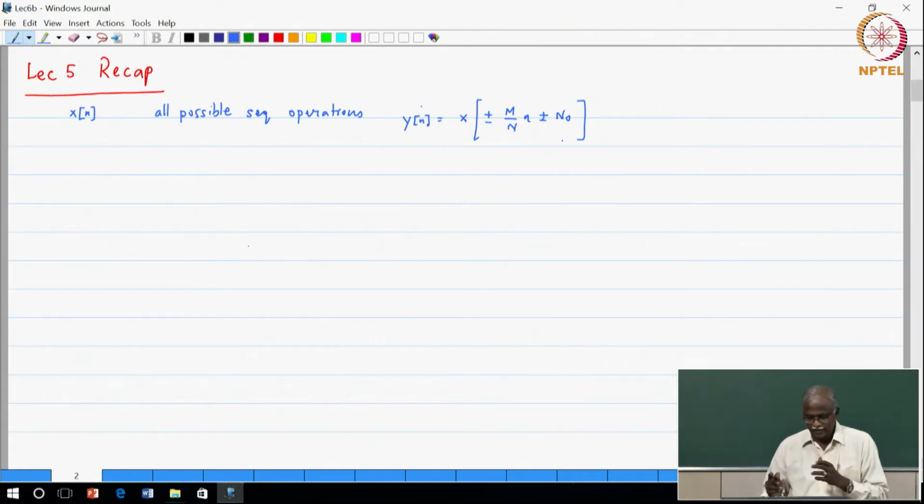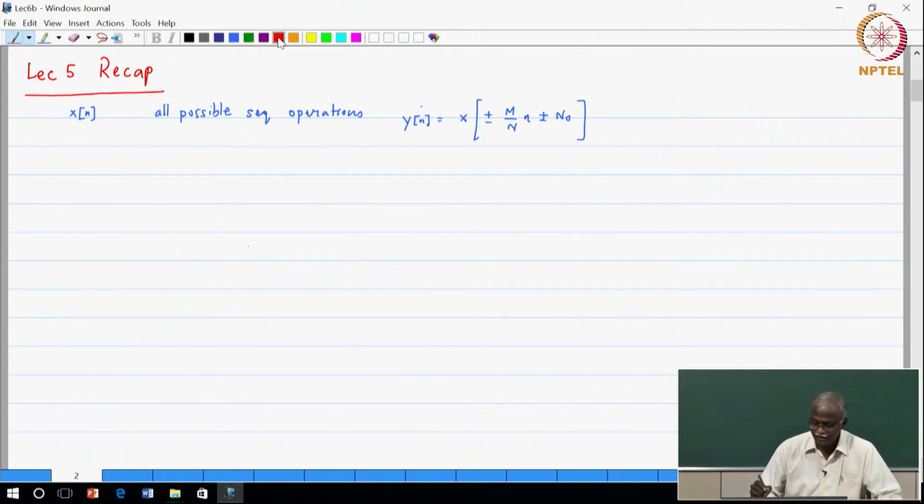I can have positive shifts, negative shifts, increase in sampling rate, decrease in sampling rate, and I can have time reversal as well. All possible combinations basically boil down to three operations: shifting, time scaling and time reversal.